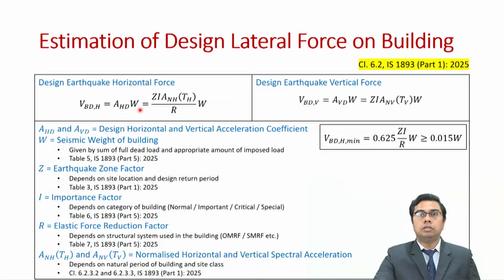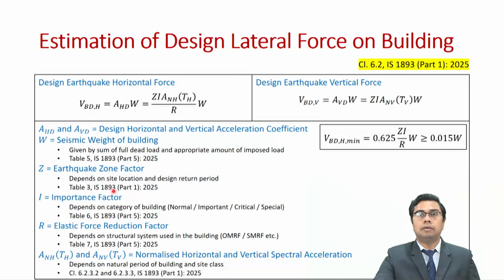Now, this AHD will be given by Z times I times ANH divided by R. Here we have a lot of factors, where Z is our earthquake zone factor and it depends on the site location and the design return period, which is considered in our seismic design.